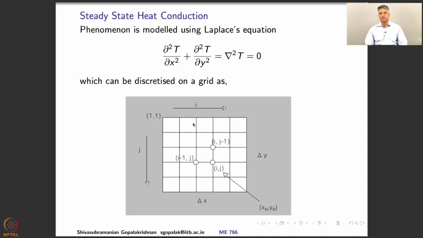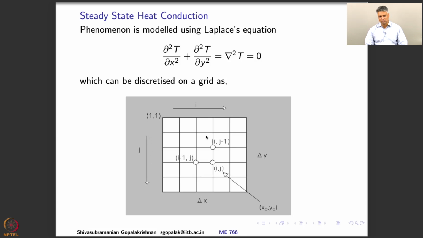So essentially, data now can be stored in a computer using a two-dimensional array. Each point on this two-dimensional array is denoted by two indices i and j, and you have any intermediate point denoted by these indices i comma j. We will have the index i incrementing along the x direction, we will have the index j incrementing along the y direction.